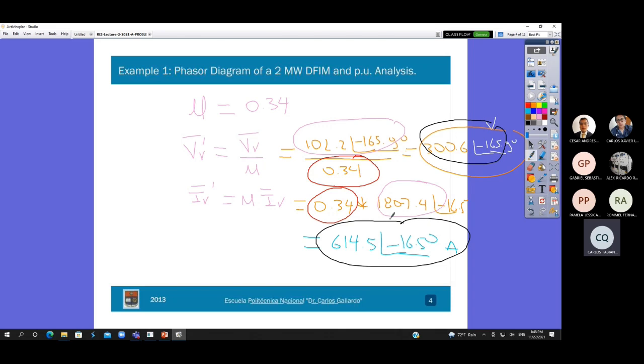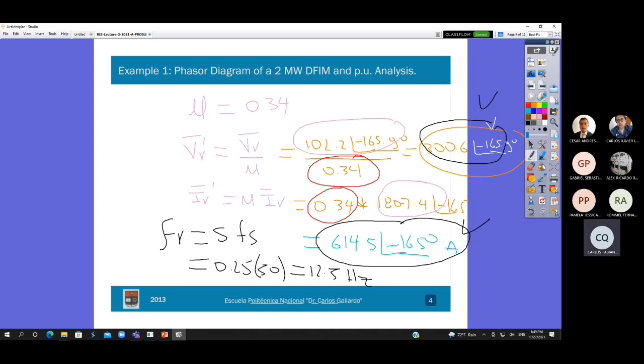In this case, I know I have different frequencies, right? Because I have the real values. This is on the rotor side. So what is the frequency of operation? By definition, the rotor frequency is equal to the slip times the stator frequency. It means 0.25 times 50. So the rotor frequency is 12.5 Hertz.